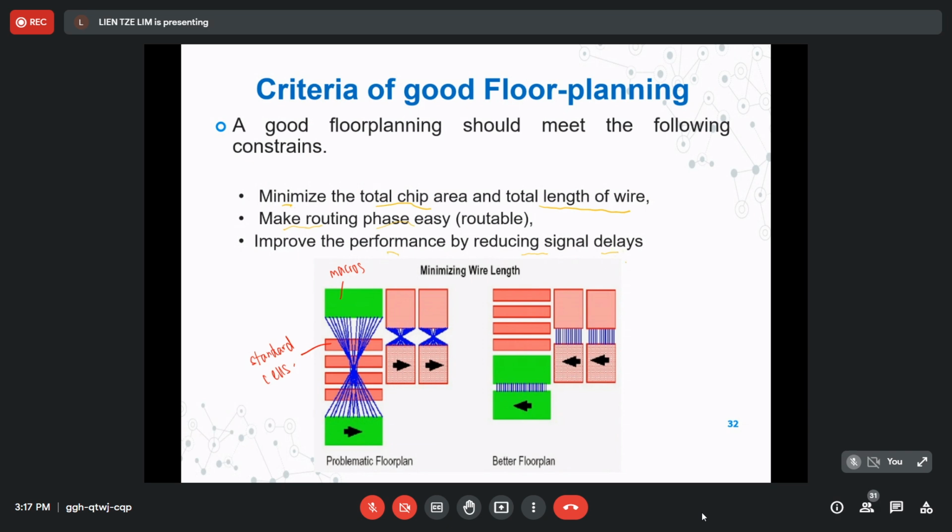Signal delay can be reduced in many ways.